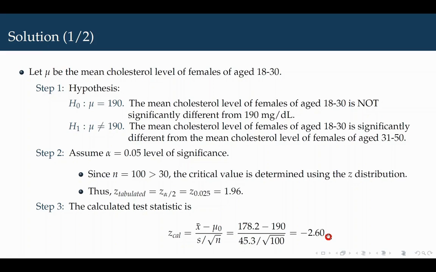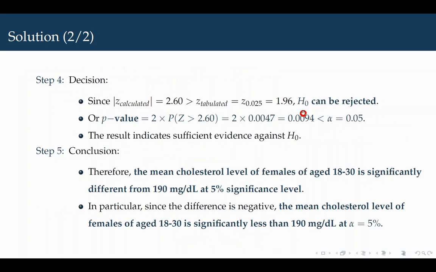So here 2.60 is greater than 1.96, therefore the null hypothesis should be rejected. The calculated value in absolute value is 2.60, which is greater than the tabulated value, 1.96. So the null hypothesis can be rejected.